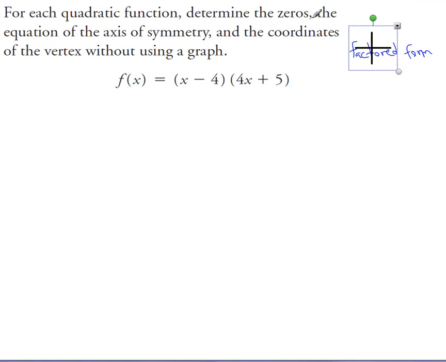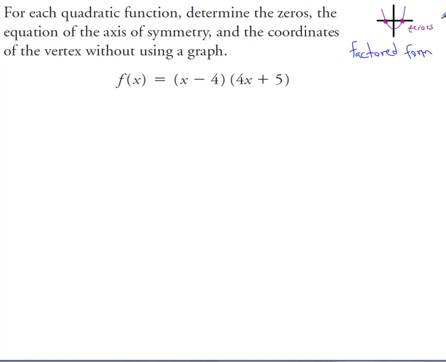Let's give ourselves a little axis here. In factored form, it's going to be really easy for us to find the zeros. So here's our quadratic. It's going to look something like that. And right here where it crosses the x-axis and right here where it crosses the x-axis, those are what we're going to call our zeros.